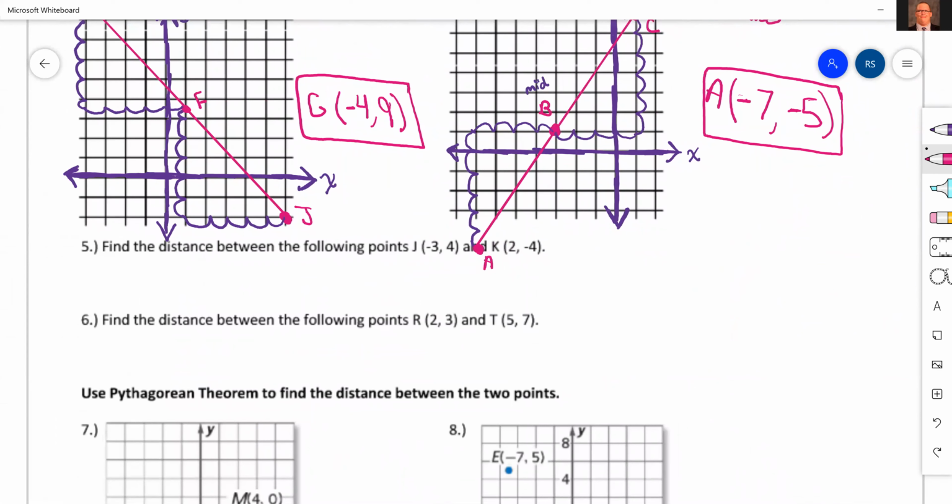Okay, so that was the first day of Unit 2. Now let's look at the second day of Unit 2. On that day, we talked about distance and the Pythagorean Theorem.